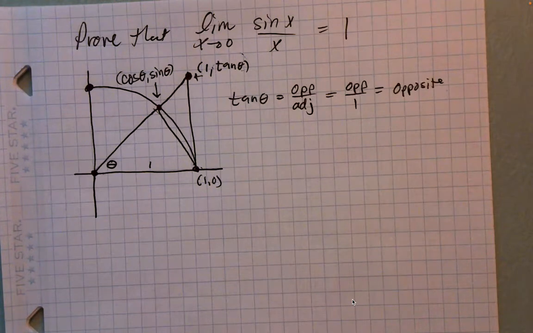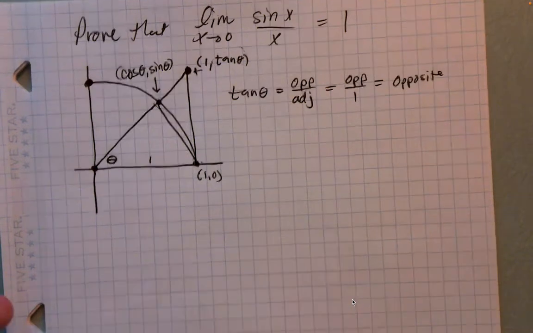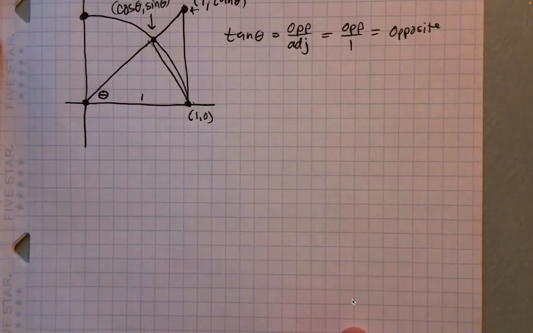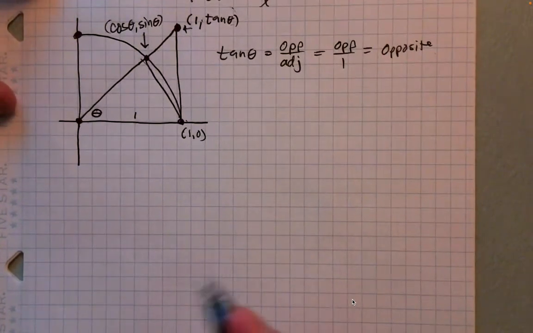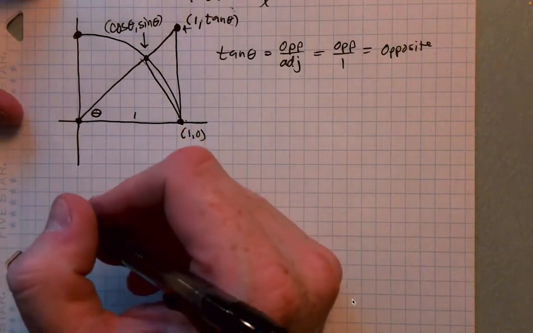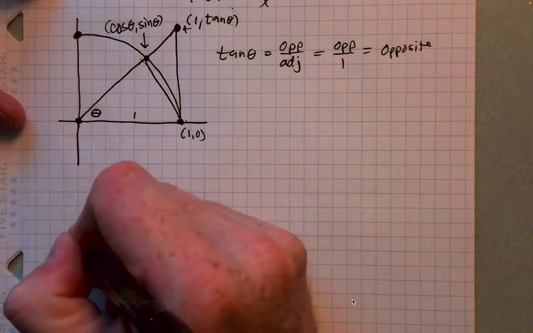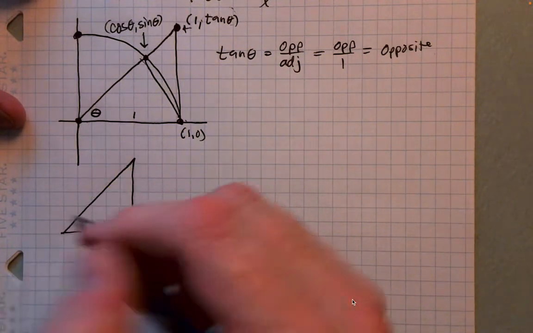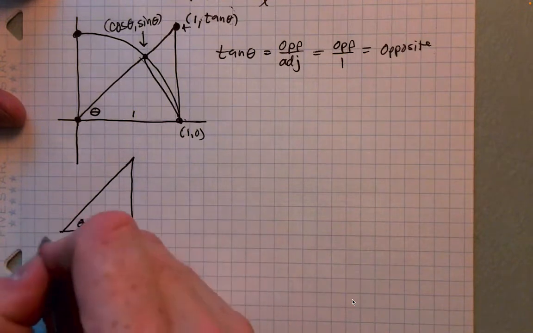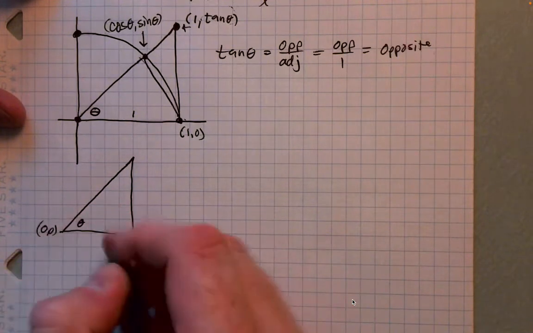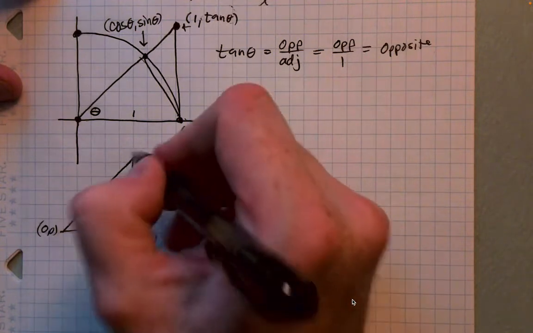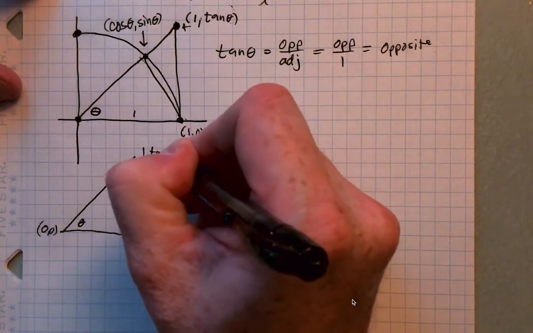All right. So now with this drawing we've identified three different shapes which we want to look at. So you've got the first shape, which is the large triangle that we just talked about. Okay, so you've got the large triangle identified by theta. This is 0, 0, and this is 1, 0, and this is 1, tan theta.